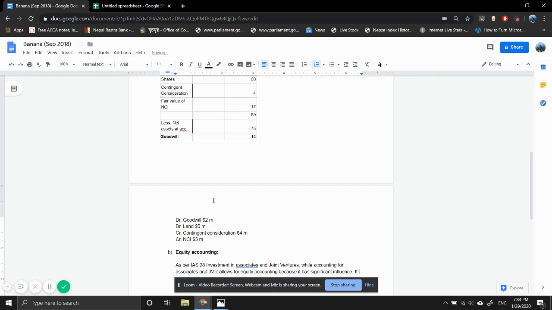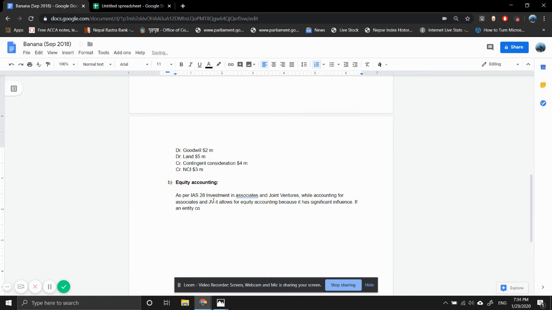So if an entity owns more than 20 to 50%, let's write that thing down as well, it is considered that the entity has significant influence, right? Unless proven otherwise.